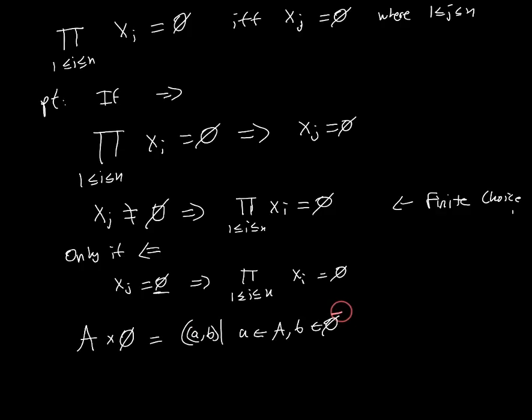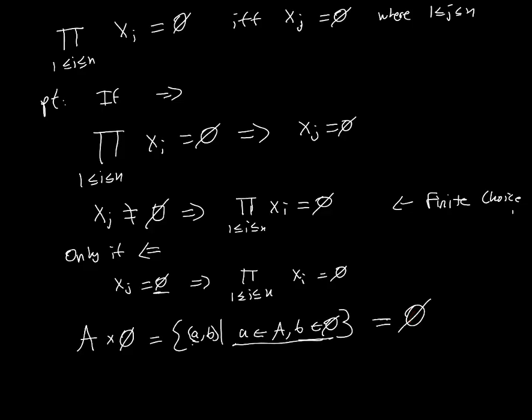However, this b is never in the empty set, right? So there exists no element such that this hypothesis is true. And if there exists no element such that this set builder is true, it's the empty set.